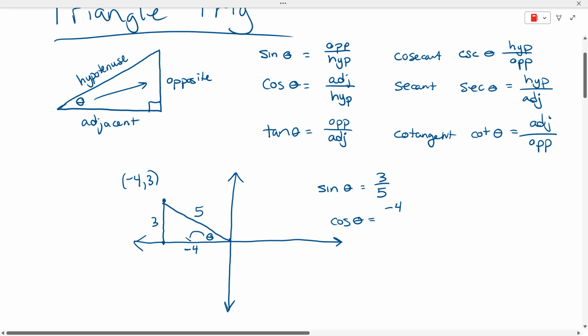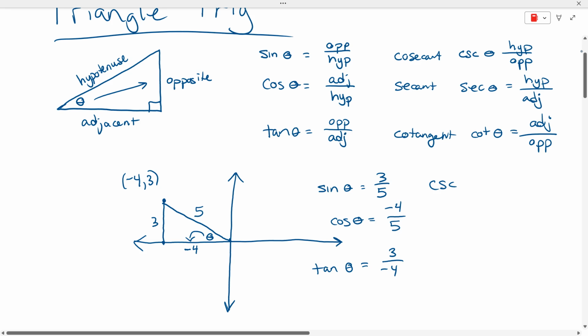Adjacent is next to it. Over hypotenuse is 5. The tangent. What's the tangent of the function? Well, it's opposite over adjacent, which is 3 over negative 4, or negative 3/4.